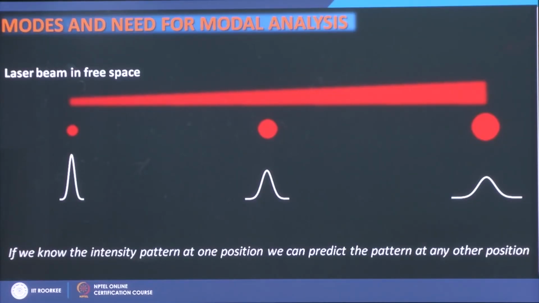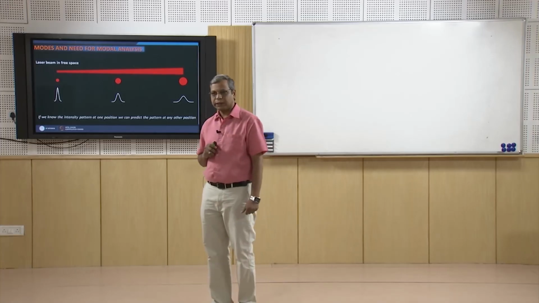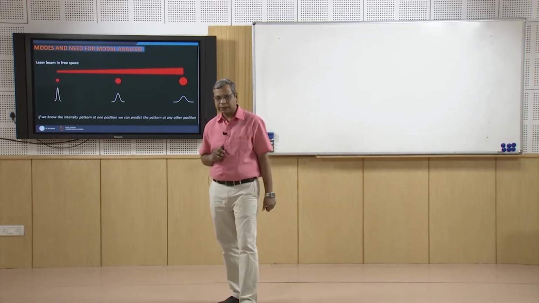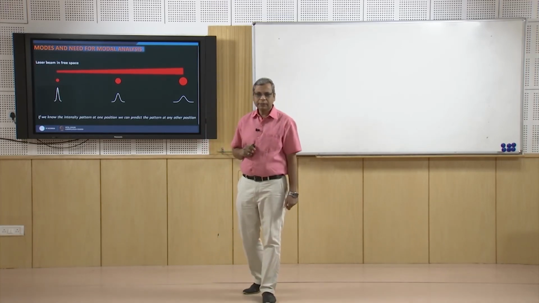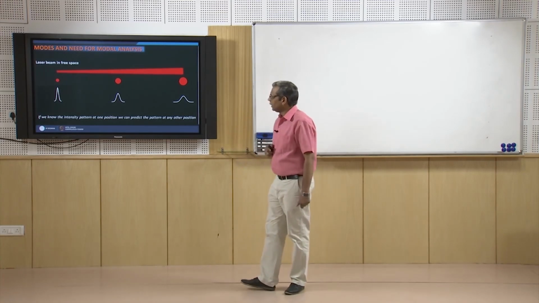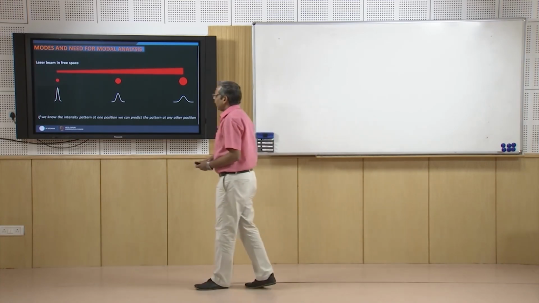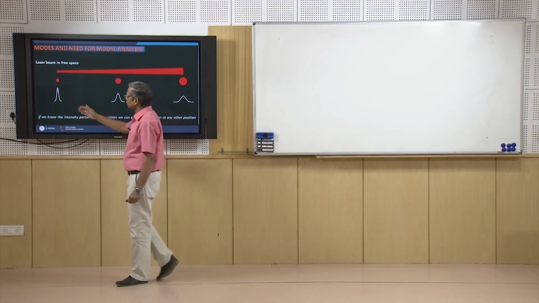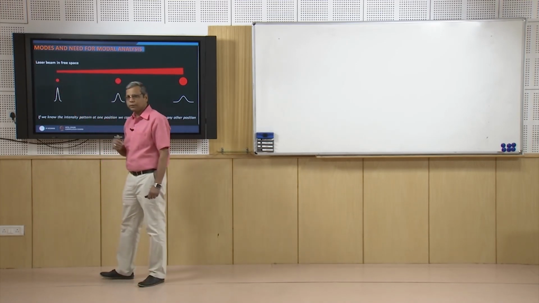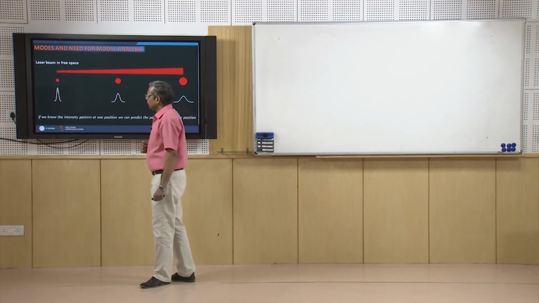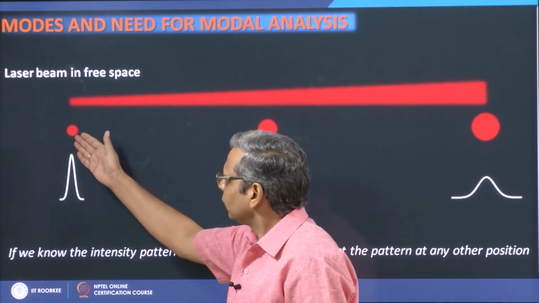Okay, let us first understand modes. For that, let me first take a laser beam, a typical beam from a laser pointer for example, or a typical beam from a single mode helium neon laser. If I look at this beam here, when it just exits from the laser, the spot looks like this.